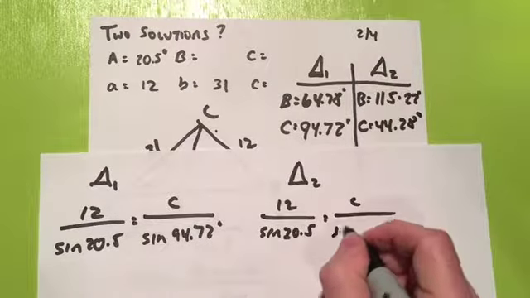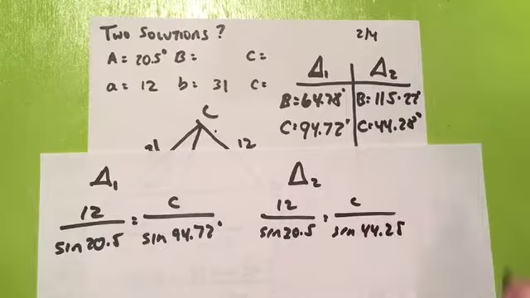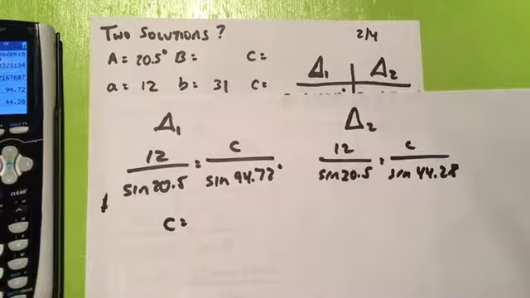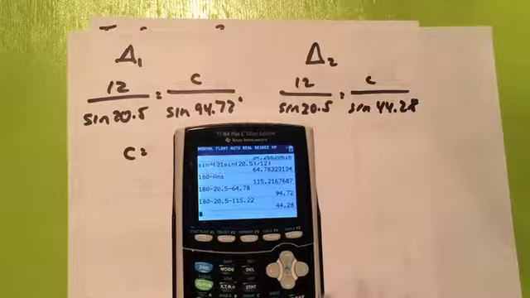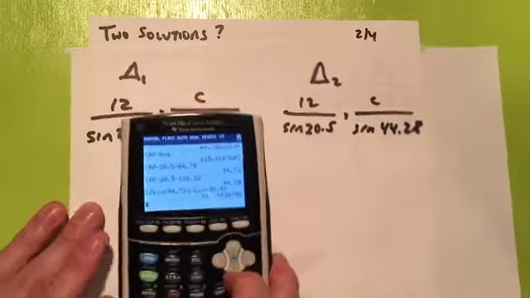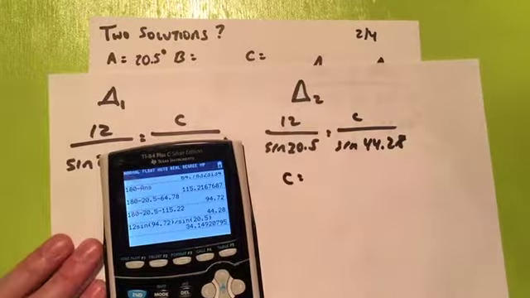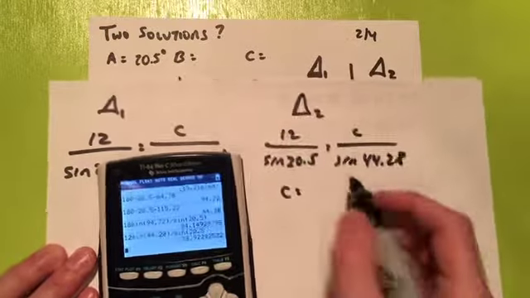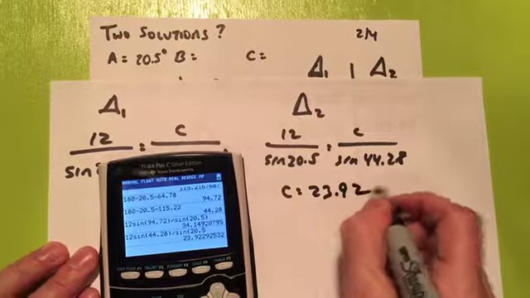Second angle. Plug it in. $34.15 or $23.92.